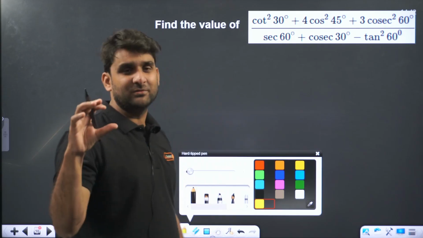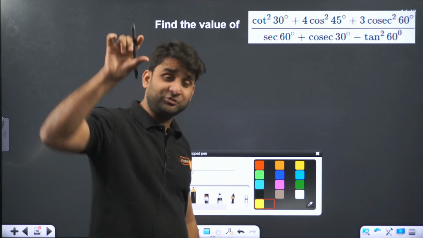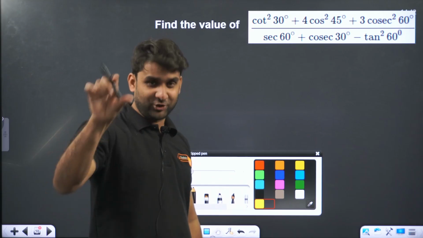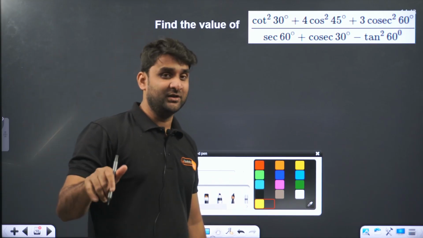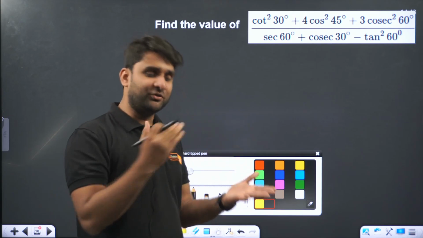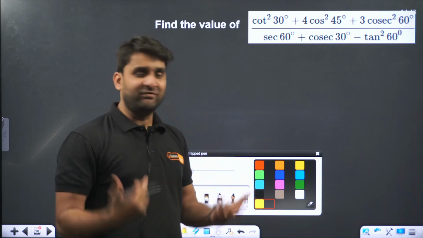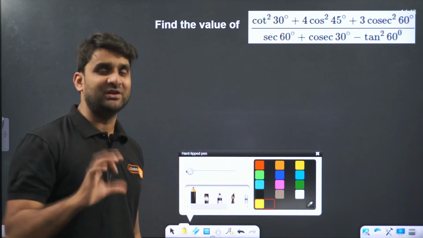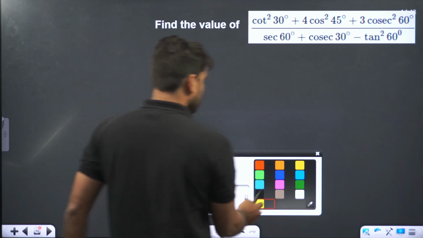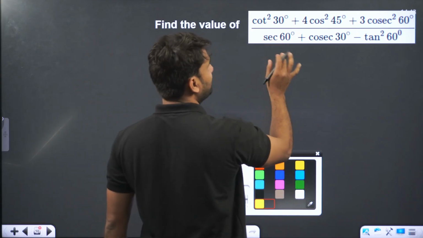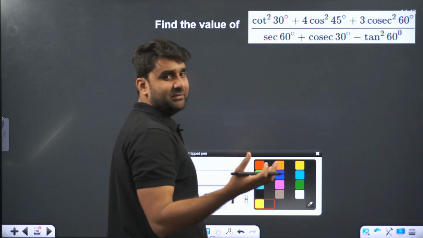So please memorize all the values of the first 3 trigonometric ratios for some specific angles: sine, cos and tan. If you have memorized all the values of sine, cos, tan, the rest 3 will be nothing for you, because the last 3 trigonometric functions are the reciprocals.